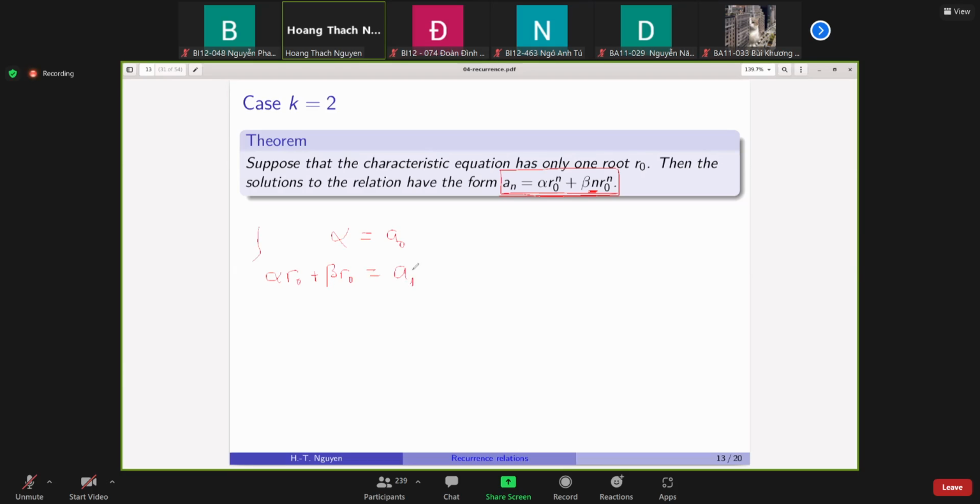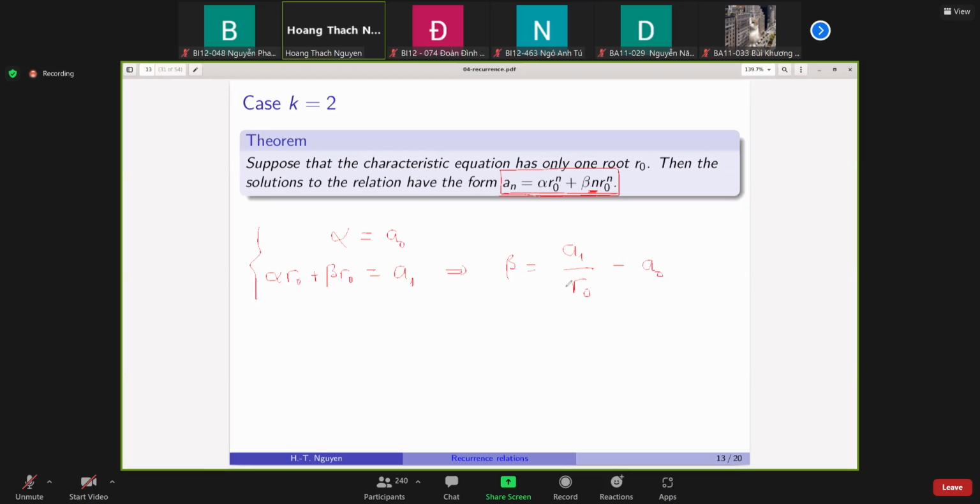And of course, these two equations allow you to completely determine alpha and beta. Here you can see that alpha is equal to A0, and then beta is equal to A1 over R0 minus A0. Okay, so it's easy.